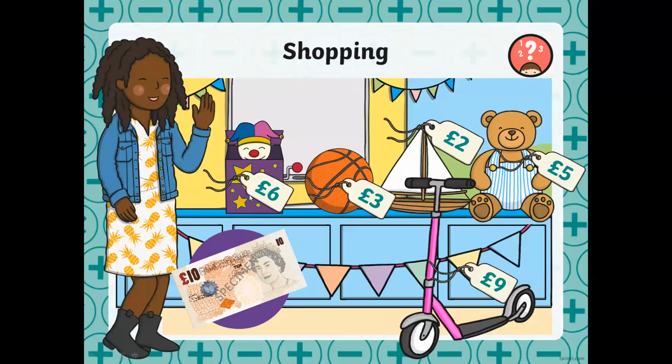We can see that the toys cost $6, $3, $2, $5, and $9, and we only have $10, so I can't buy them all. What can I buy? Let's see.